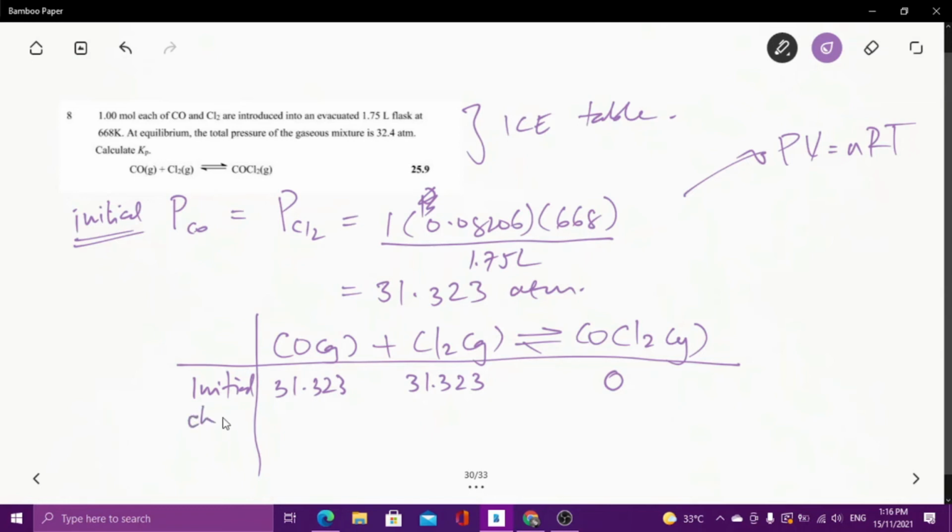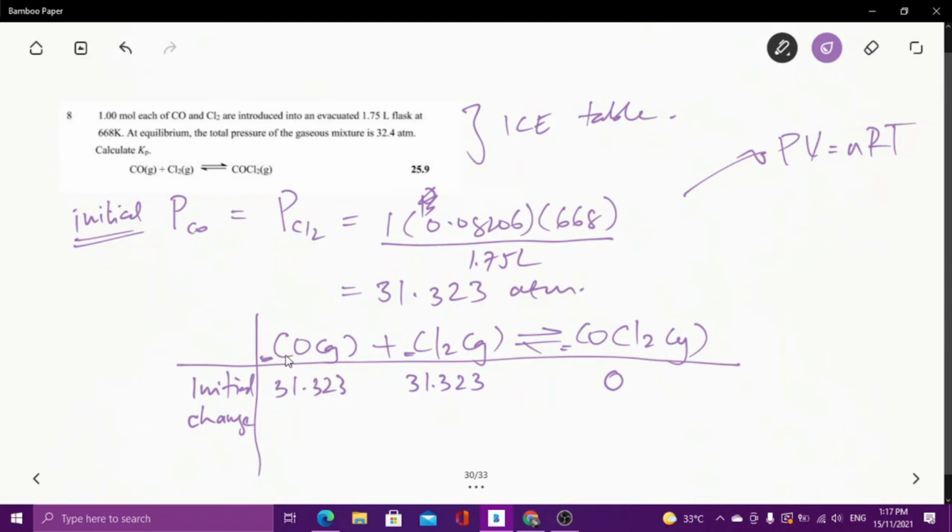Jadi over time, apa akan berlaku? Akan ada perubahan dari segi partial pressure yang kat sini. Over time, partial pressure ataupun concentration of reactant akan menurun, concentration of product akan menaik. So kita akan tengok perubahan itu, kita akan refer kepada bilangan number of mole yang di hadapan sini, and kita darabkan dengan unknown yang kita boleh gunakan. Contohnya X, okay?